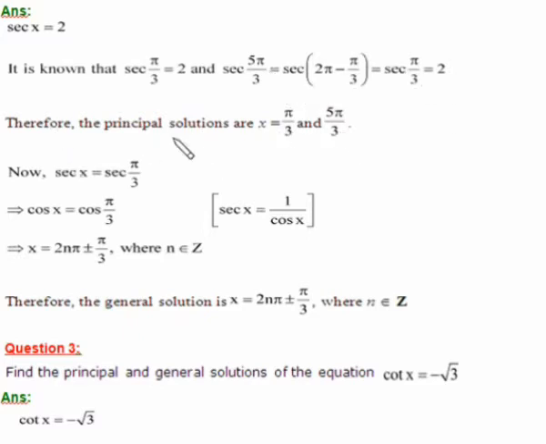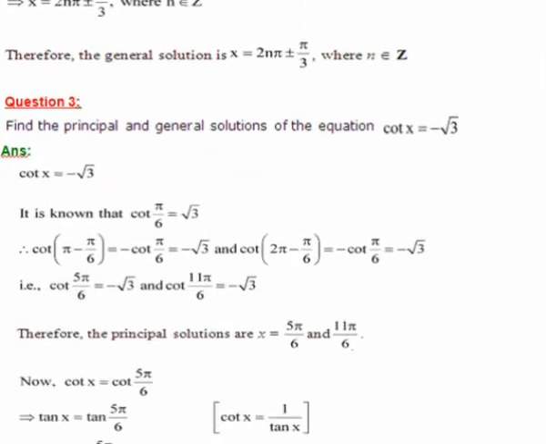So here we have two values, x is equal to pi by 3 and 5 pi by 3, just two particular solutions. Now come to the general solution. Sec x is equal to sec pi by 3 means cos x is equal to cos pi by 3. When cos x is equal to cos y, we know that x is equal to 2n pi plus minus y, where y is equal to pi by 3. This is the general solution of this equation.